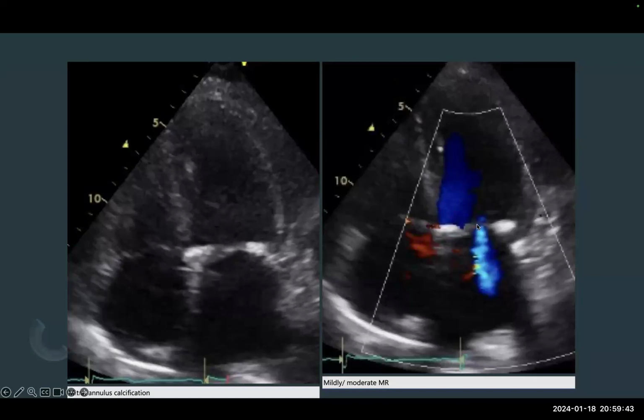So it is not a contraindication to do aortic replacement or TAVI. But if the mitral regurgitation is severe, it depends. Is this primary mitral regurgitation or secondary mitral regurgitation? Primary mitral regurgitation means there is a problem in the mitral valve: the rheumatic mitral valve, the sclerotic mitral valve, endocarditis. So there is a problem in the mitral valve.